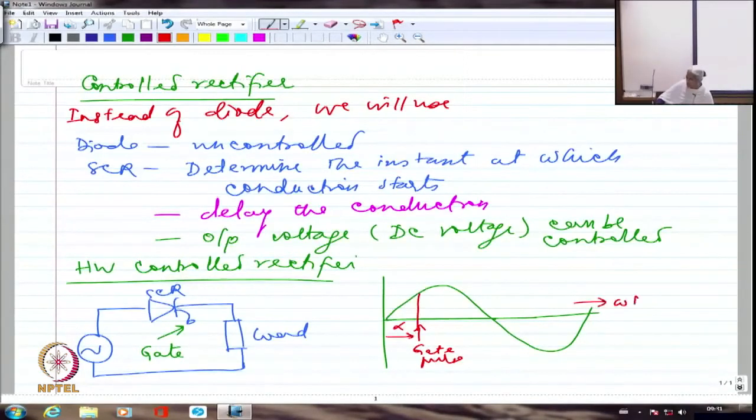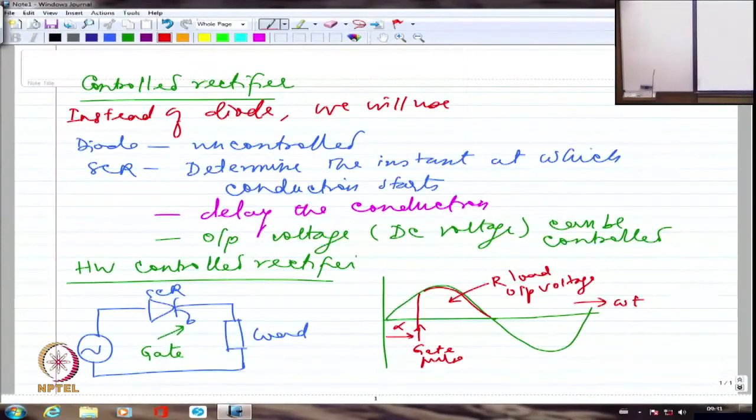This is omega t. So at an angle alpha, this device is being fired. So I am going to have this as the voltage, provided it is a resistive load. So this is the R load output.